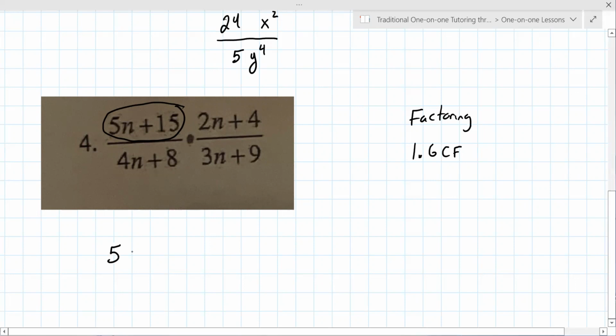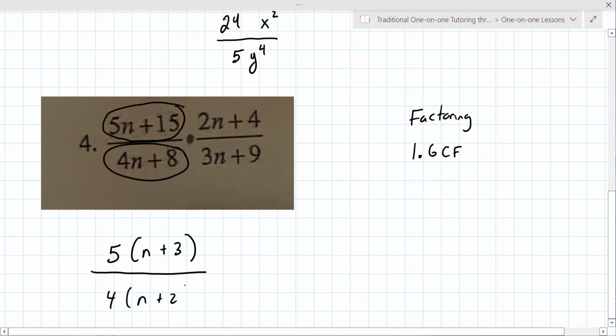So this becomes 5 times n plus 3. How about in the bottom one here? 4. 4 times n plus 2. And then top one is 2. And then the bottom one is 3.